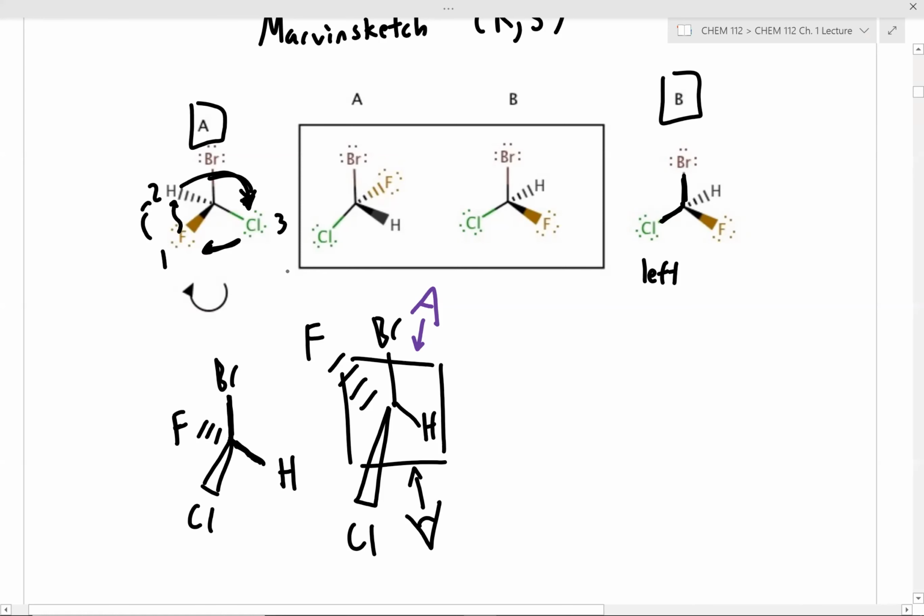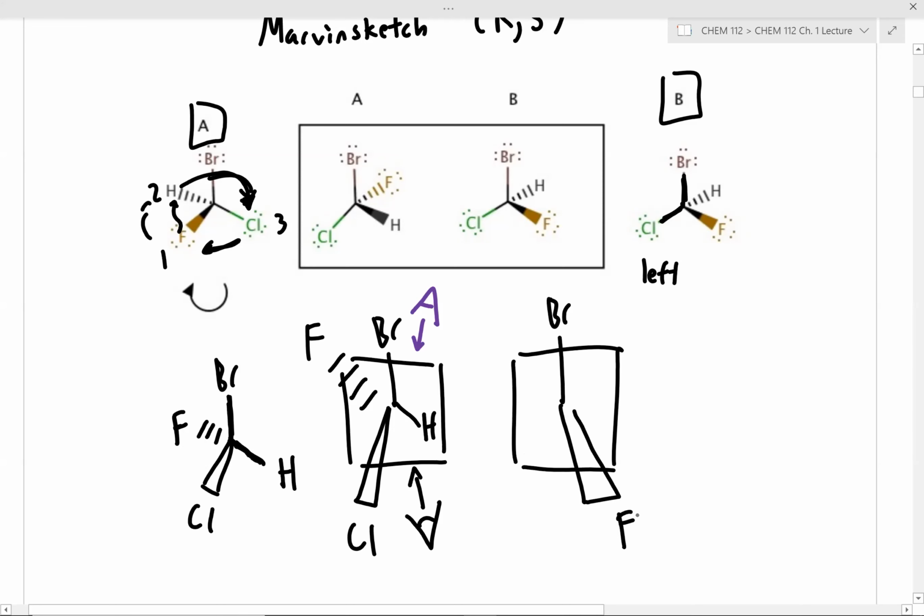So looking at it from the back perspective, we have our bromine pointing up still. Our fluorine is pointing out of the page to the right.